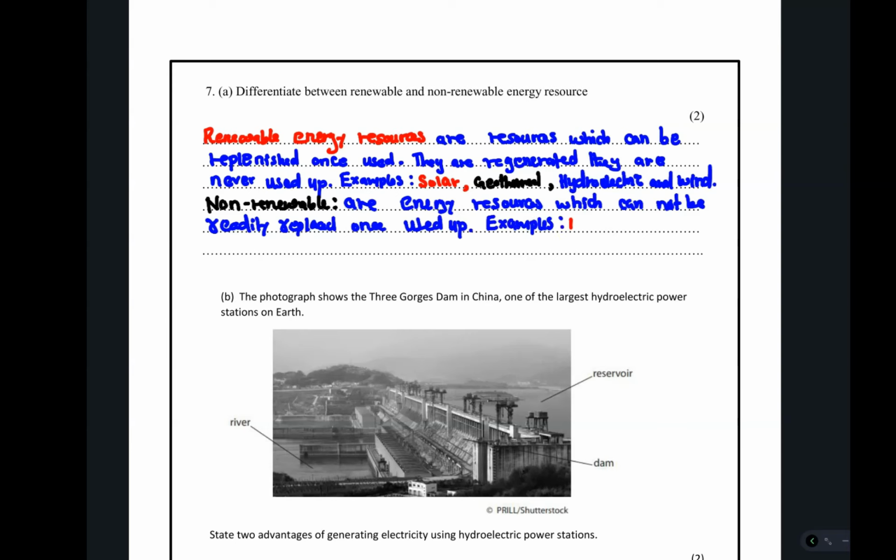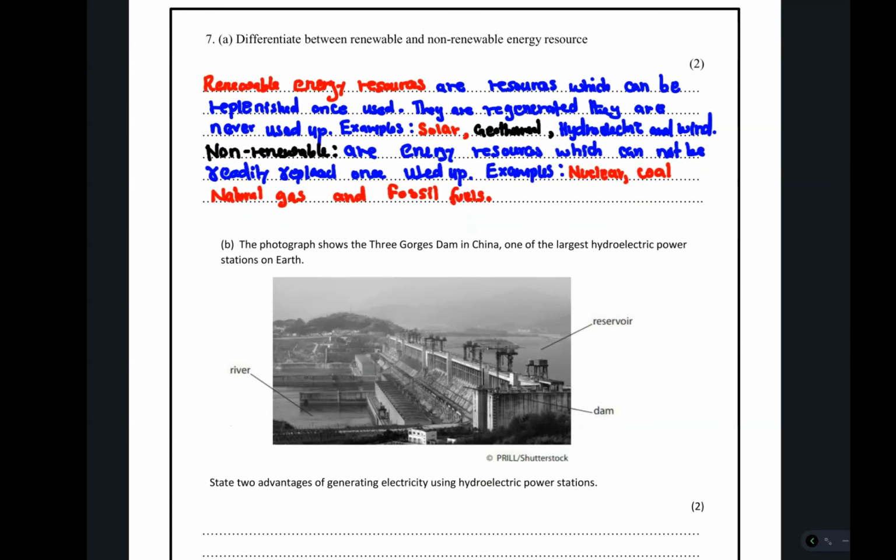Examples include nuclear energy, coal, natural gas, fossil fuels, and many others. Then you also need to understand advantages and disadvantages of using this non-renewable to the environment. So basically you need to go straight and check those advantages and disadvantages before you sit for your exam.